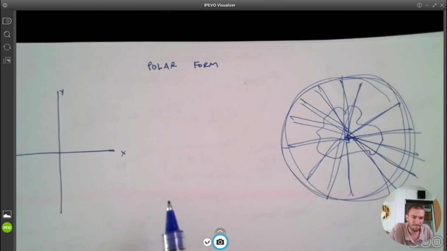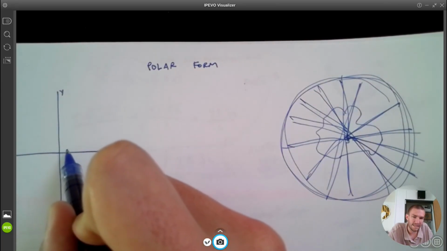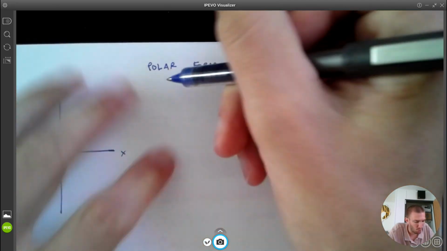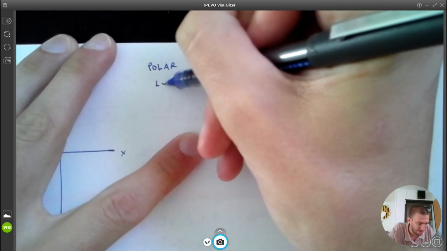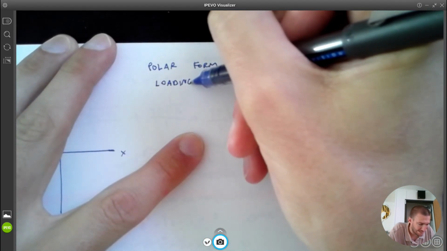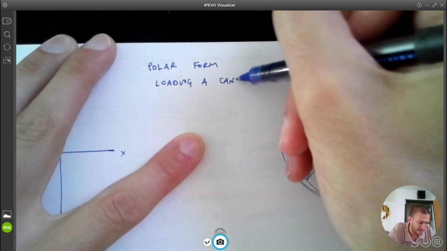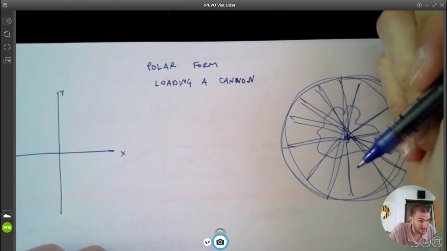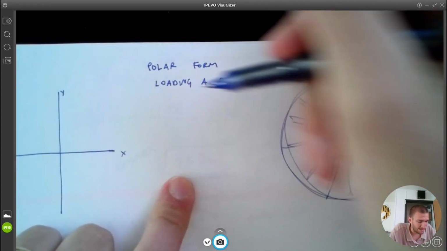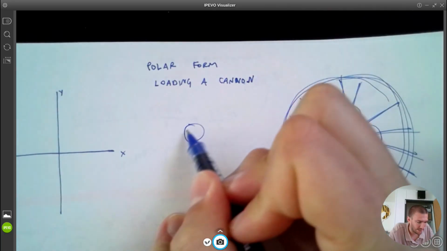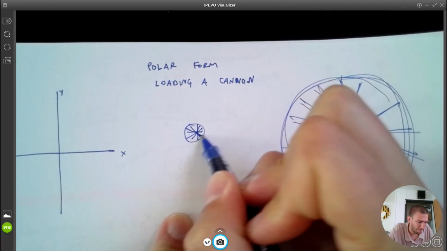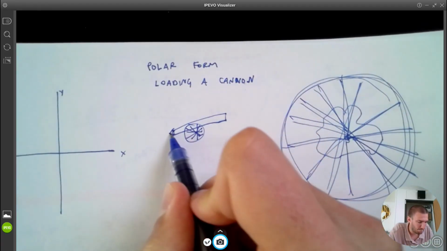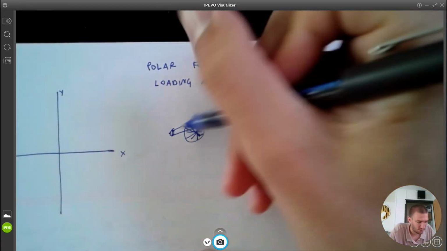Polar form, instead of walking to the side and then walking up, polar form, I always think about it like this. Polar form is like loading a cannon. We've got our cannon, and we're gonna shoot our cannon.